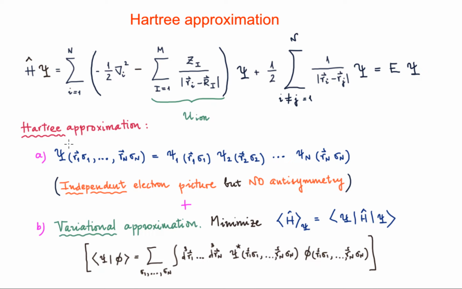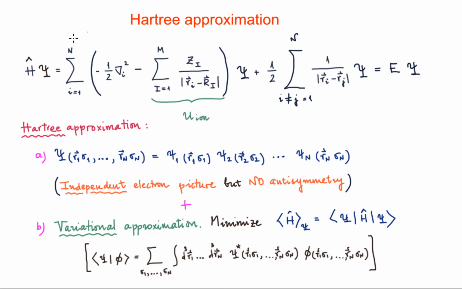It's based on two important features that we're going to analyze now. First, we'll keep the independent electron picture, but the wave function that we're going to consider in this approximation is not going to be antisymmetric, even though we might consider later that the Pauli exclusion principle is fulfilled and each state is going to be doubly occupied because of the spin.